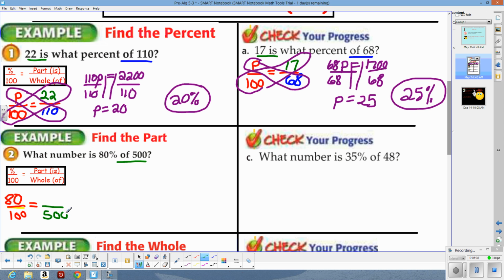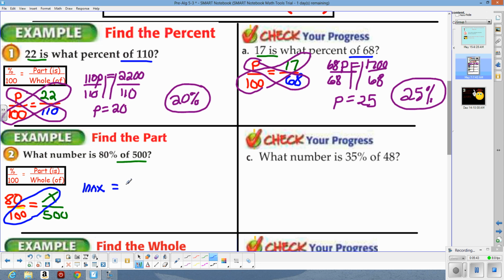And what number is 80% of 500? We don't know that part, so we are going to put that as a variable, and I'm just going to go ahead and use x. Now we're going to go ahead and use the cross products again. 100 times x is 100x, equals 80 times 500.